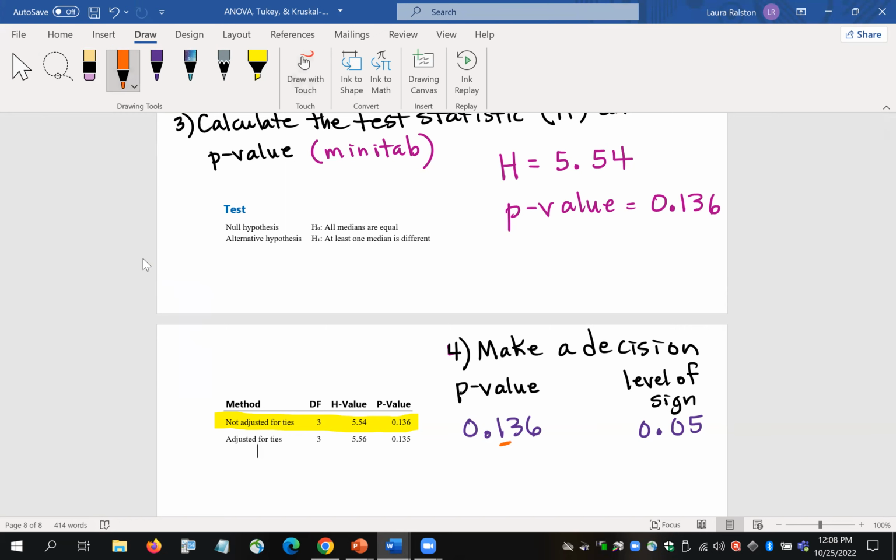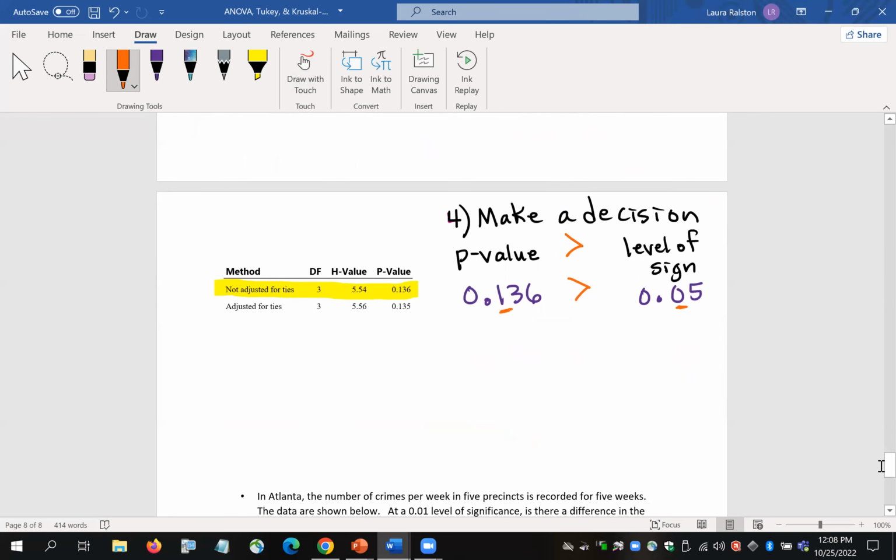Making a comparison, first digit after the decimal, 1 compared to 0. 1 is greater than 0, so p is greater than the level of significance. So we would fail to reject the null. And then lastly, we would write a conclusion like we always do.